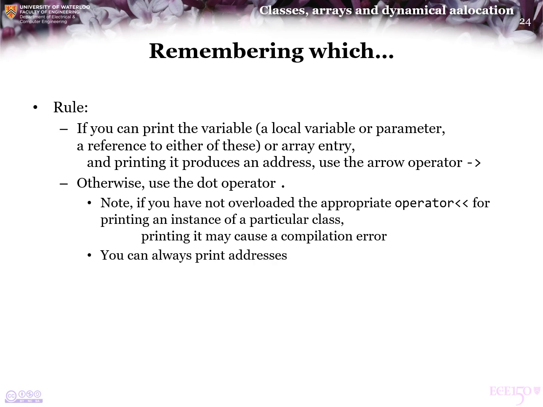Fortunately, you can always print an address. That is, if it is a pointer, you can always print it to the screen and you will see some sort of hexadecimal number on the screen. If it's not a hexadecimal number and you haven't done anything fancy, then you should be using the dot operator.